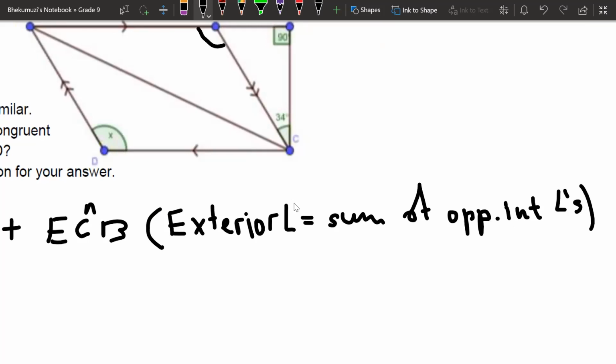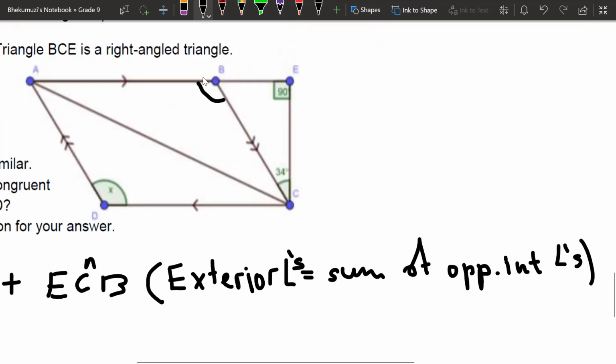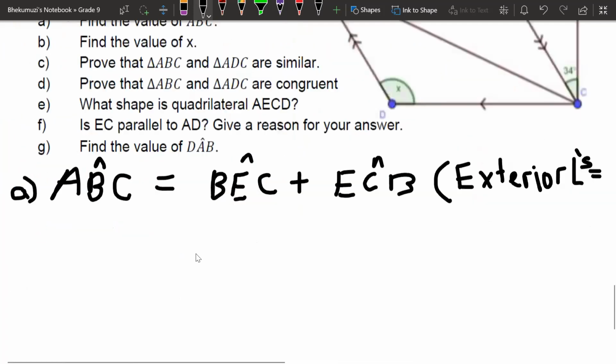Okay, a bit lengthy, but yeah. So the exterior angle, which is this one, is what you are looking for. Remember, the exterior angle here is ABC, the one that you're looking for, and the interior angles are E and C there, right? So that would be how you calculate ABC.